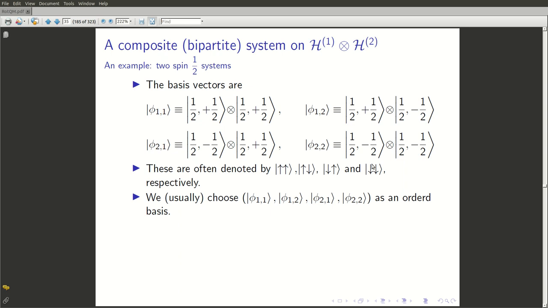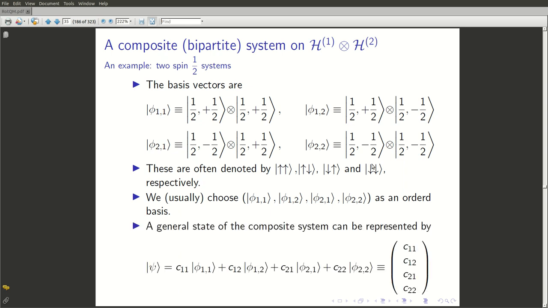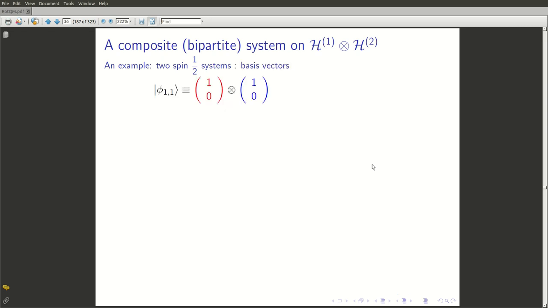Now, if we put them in this order, it's obvious that a general composite system can be represented by a linear combination of these states, and is represented by the column vector C11, C12, C21, C22 in that particular order. Of course, let's take a look at the basis vectors themselves.